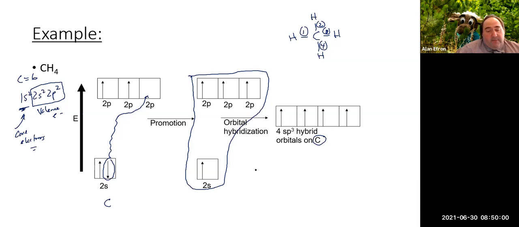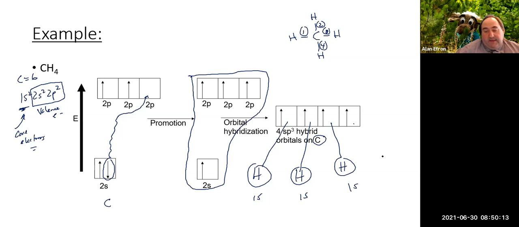We would get a bond with a 1s orbital from hydrogen, another one to another hydrogen, another one to another hydrogen here, and another one to another hydrogen here. We would get this overlapping occurring, representing our 4 bonds that we see here in methane.